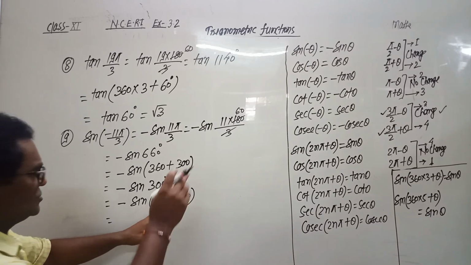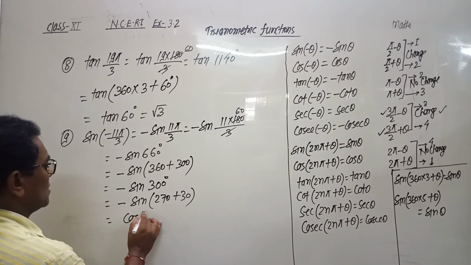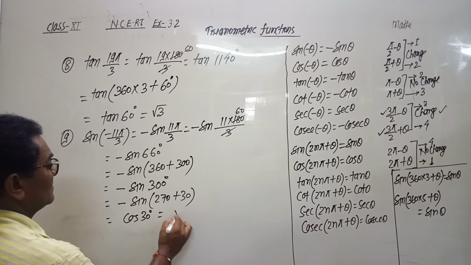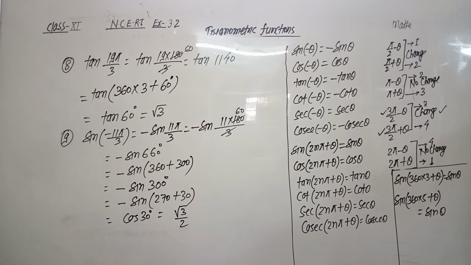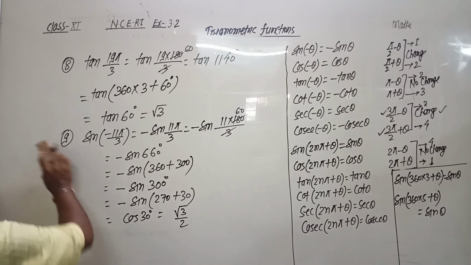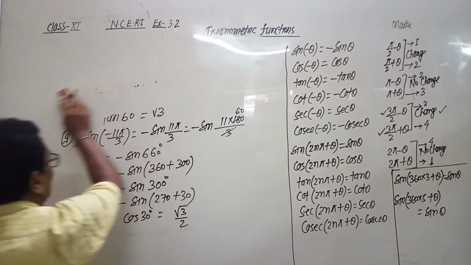So cos 30 degrees, and the value of cos 30 degrees is root 3 by 2. So we get the result root 3 by 2.